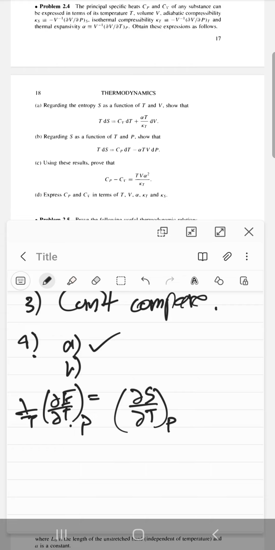The dp is 0, so then this is equal to TDS. This does not make sense. This equation is wrong. Yeah, right. This equation is really just wrong.